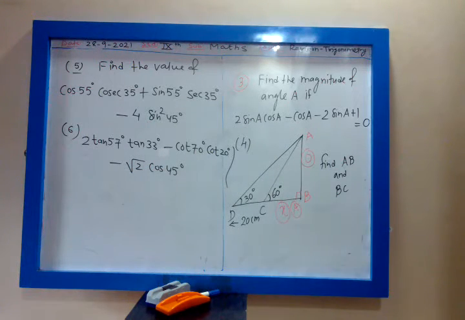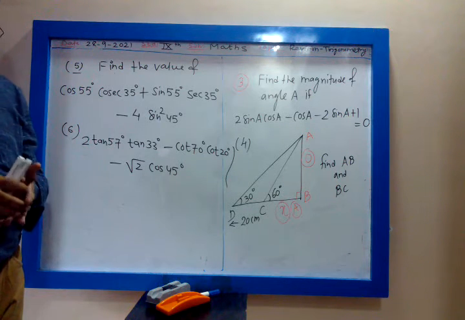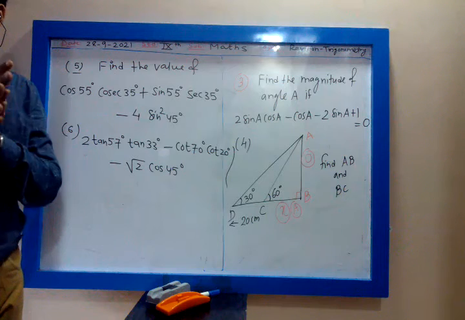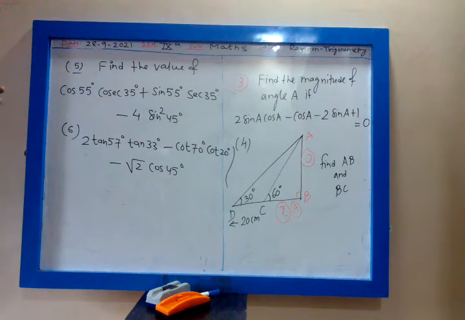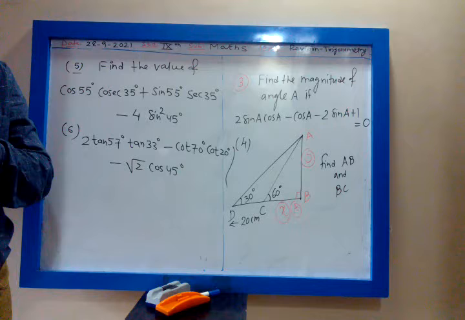What is the answer of fifth? 0. One student answers 0. What about others? Send me in the chat box so that I can read the name. Aryan Patel 0. Satish Patel 0.